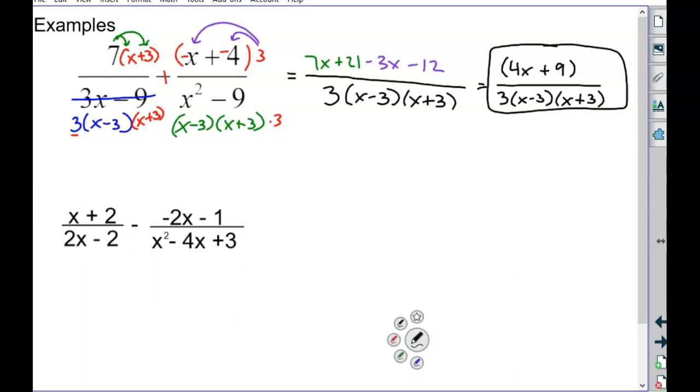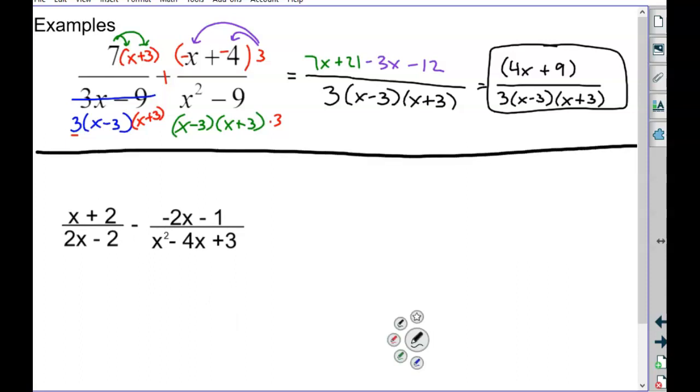All right, last one. All right, so notice right away this is a subtraction.